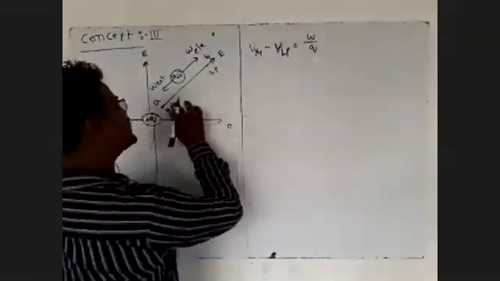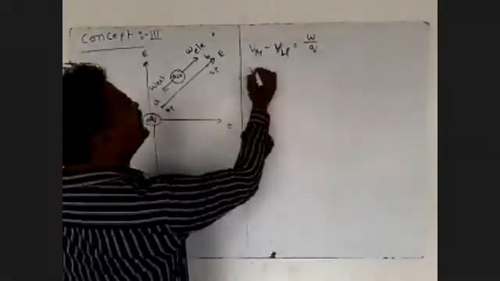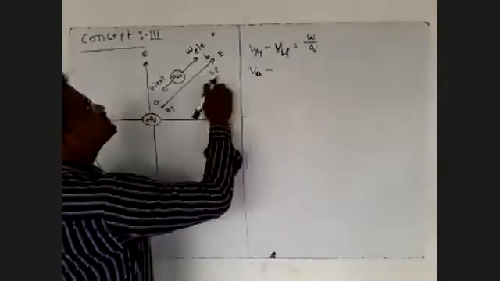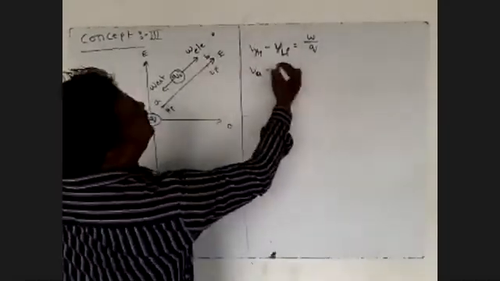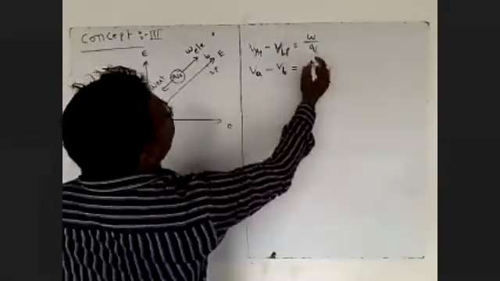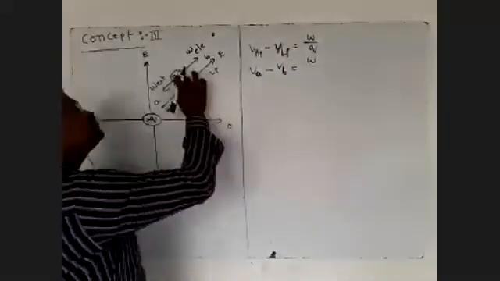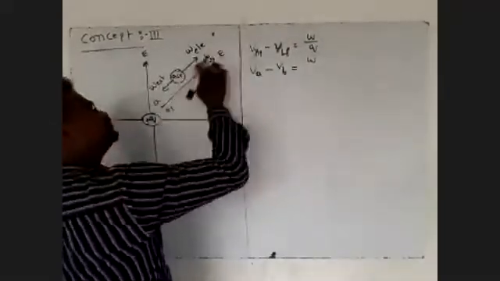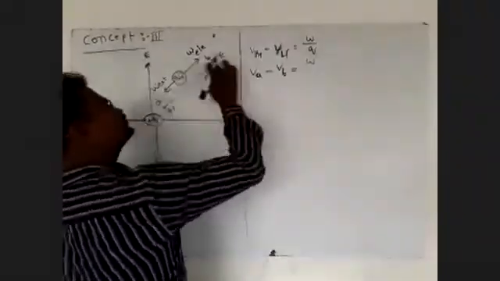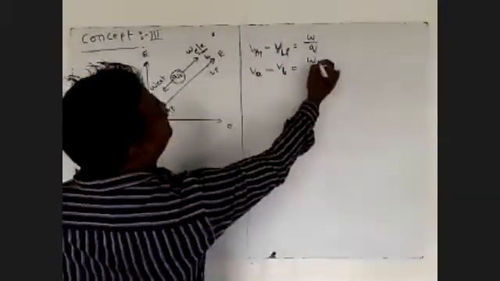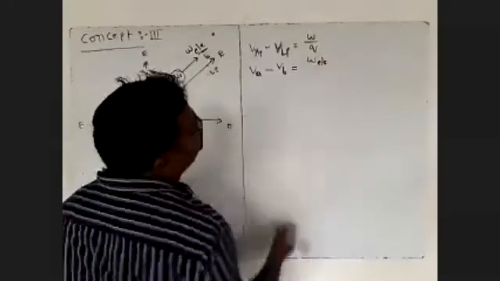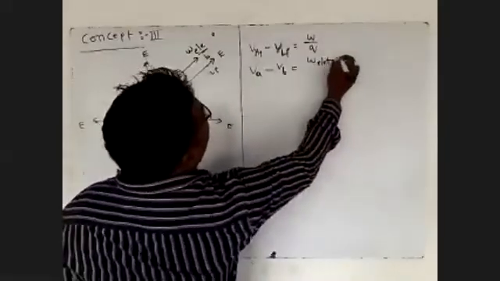High potential is at point A, and low potential is at point B. So the work done by the charge moving from A to B is work done by the electric field.